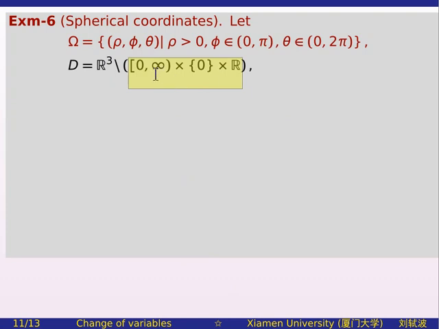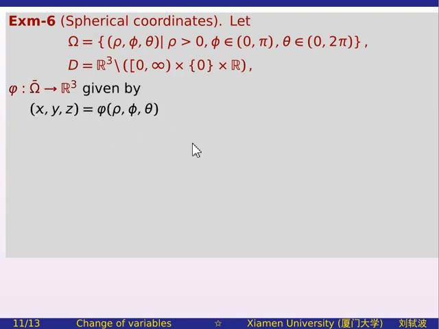So this D is the corresponding domain of omega under the spherical coordinates. The coordinates are given by this map, defined over the closure of omega to R3, which maps rho phi theta to x, y, z. x is rho sine phi cosine theta, y is rho sine phi sine theta, and z is rho cosine phi.